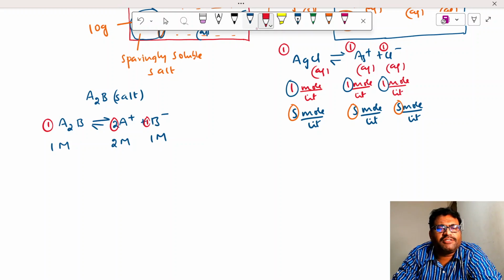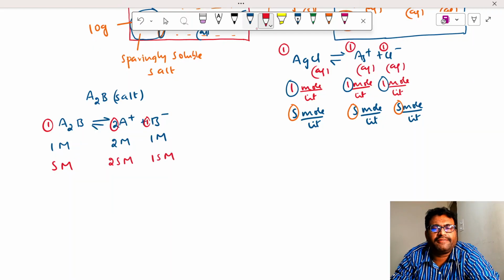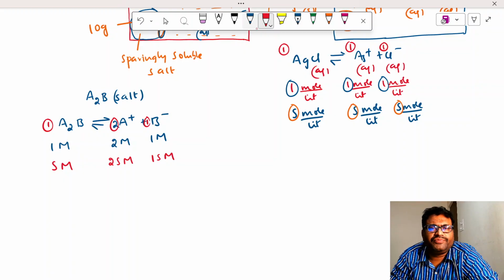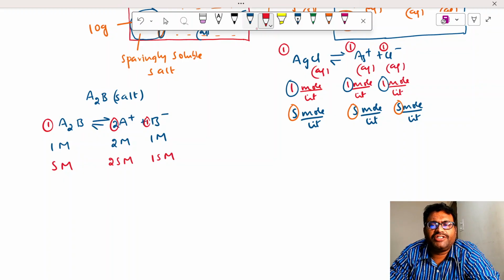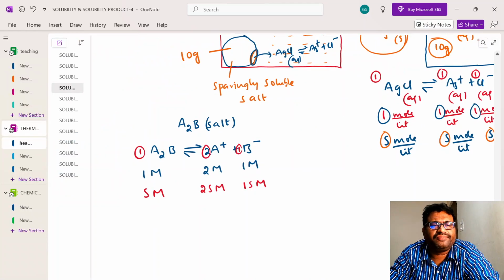If I am taking S moles per liter, how much will this produce? 2 into S moles per liter and 1 into S moles per liter. Do you understand? That's the situation.